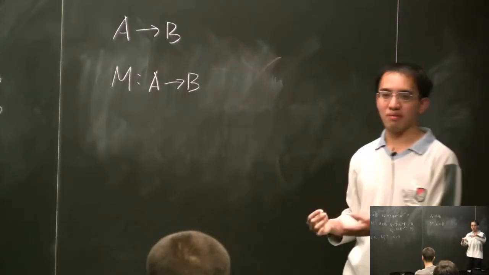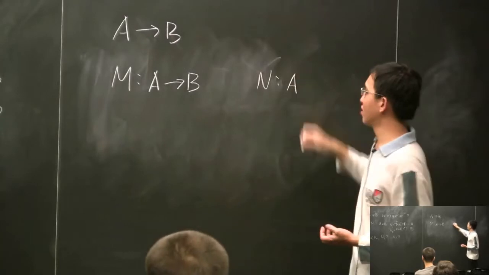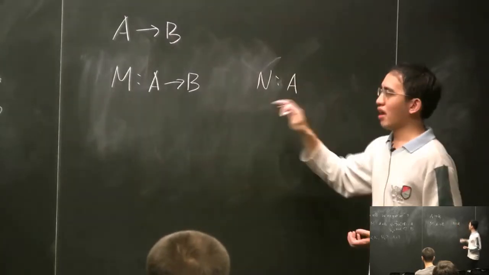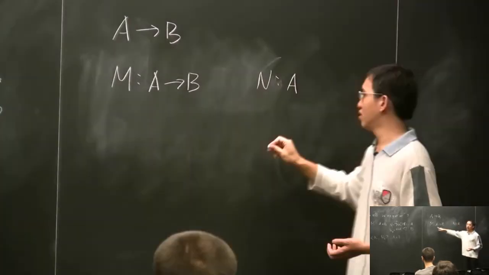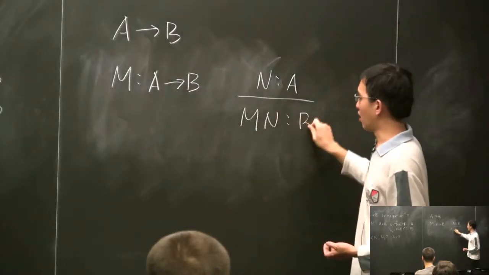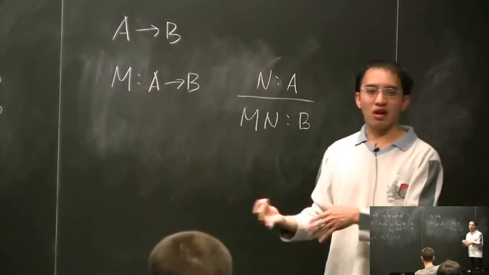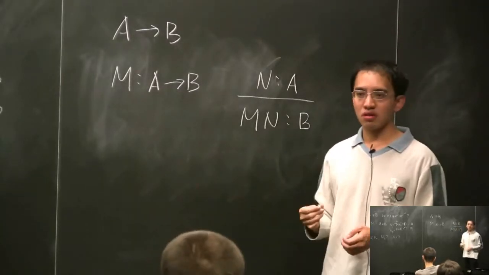Again, you start with the usage of it. So how do I use that? It means that if I have a term of type A, which is the type of the argument, then I have a way to use it by applying it to an argument.